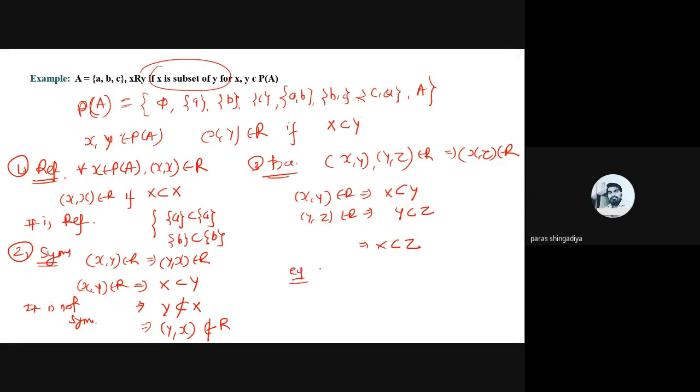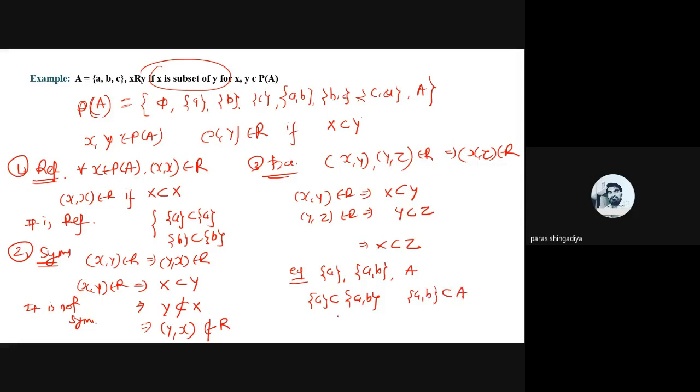Let us take {a}, then {a, b}, and {a, b, c}. These three elements I have considered as x, y, and z, where {a} is a subset of {a, b}. That is x subset of y.